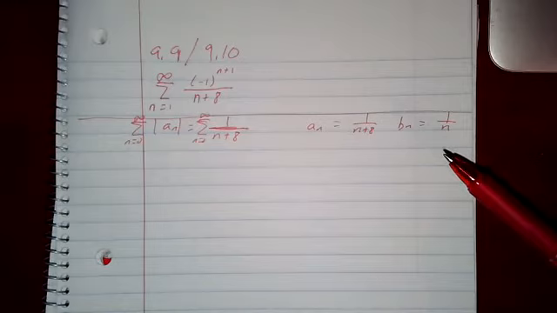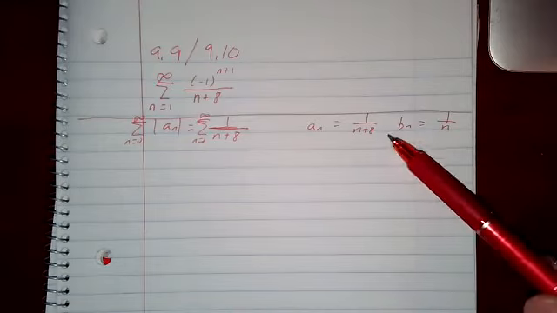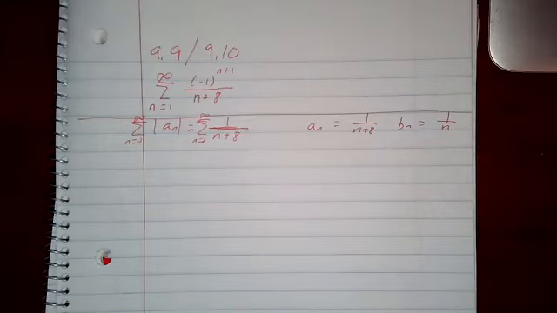Double check. Let me look at the notes. Is it 9.5? We're doing 9.5, yeah. I just want to double check the direct comparison rules.